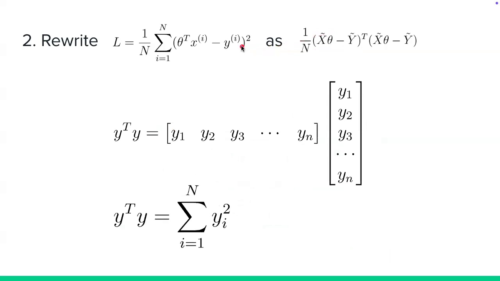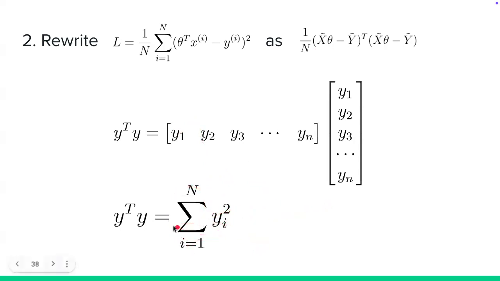Now you might be wondering, where did this square go? Why isn't this square in this part right here? Well, when you have a vector y, let's say we have y transpose y. If we multiply these two vectors together, we will get y1 squared plus y2 squared plus y3 squared plus y4 squared, and so on.